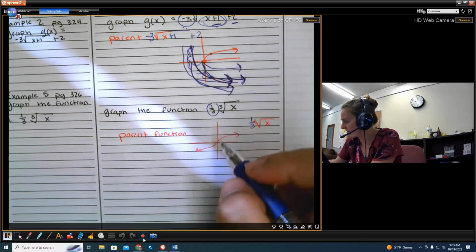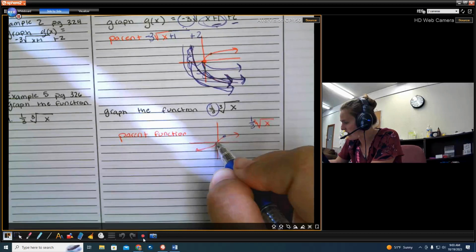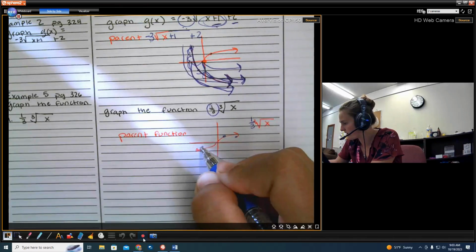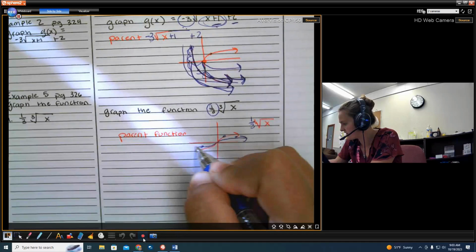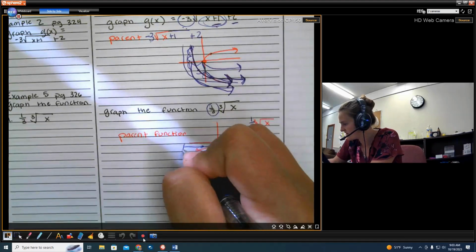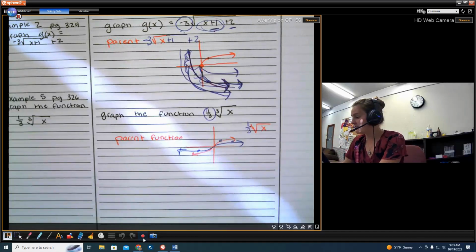And so my slope, instead of being 1, 1, is going to be up 1 over 3. And so same down here, 1 over 3. So it makes this much closer to the axis, as you can see. So it's like squishing it, compressing it.